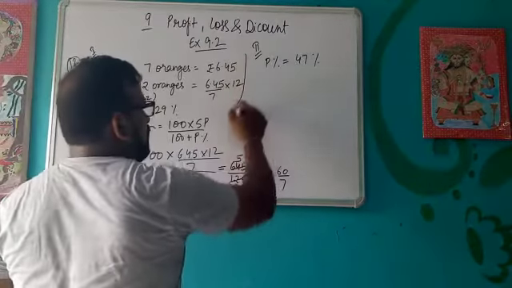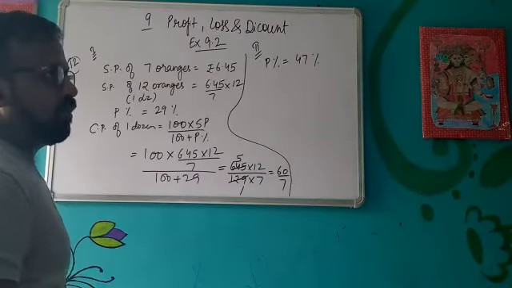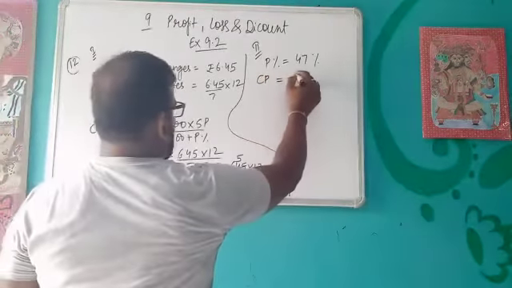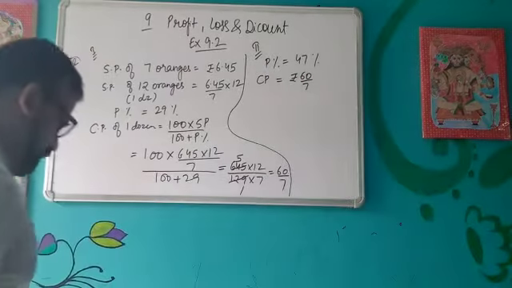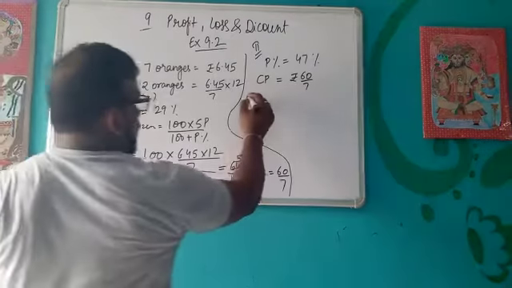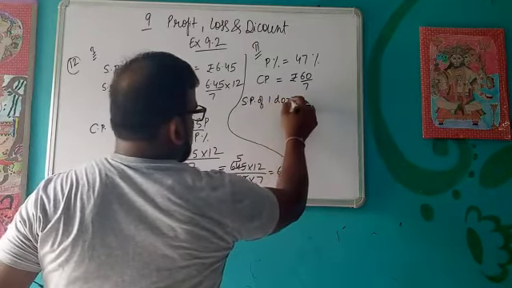Now this cost price I am going to use to calculate the selling price for the profit percentage 47. So for this my CP is rupees 60 upon 7. Okay, this CP I am going to use. Now I will calculate the selling price of 1 dozen for the second case.